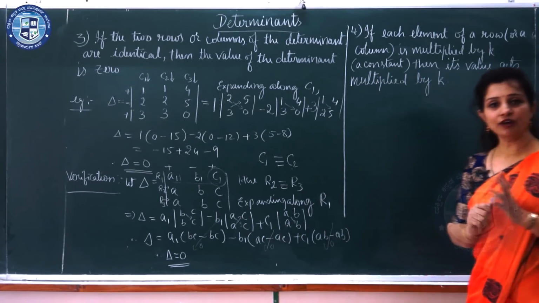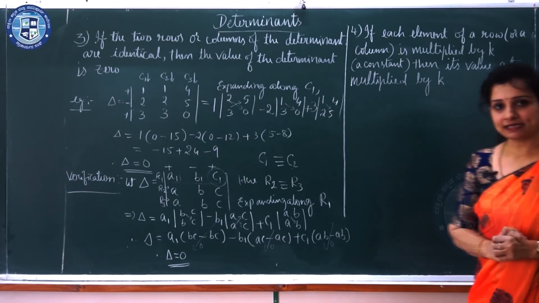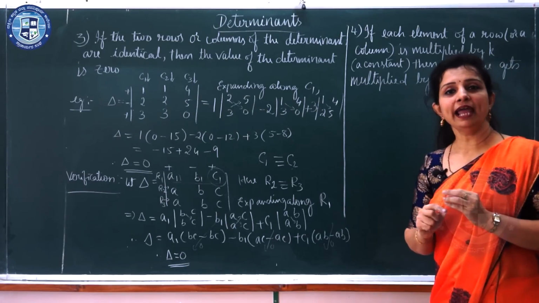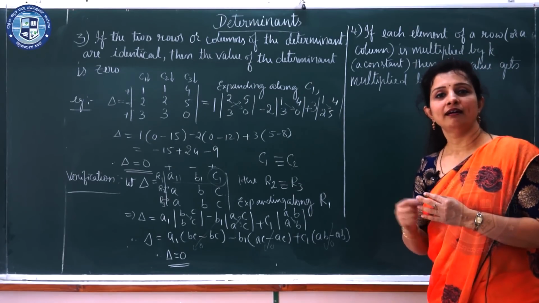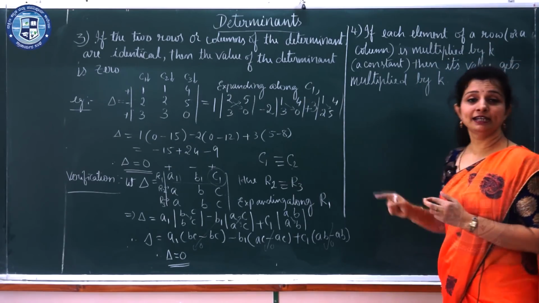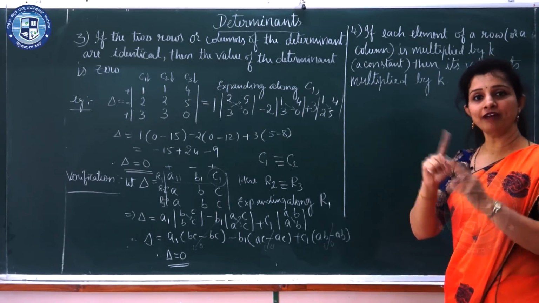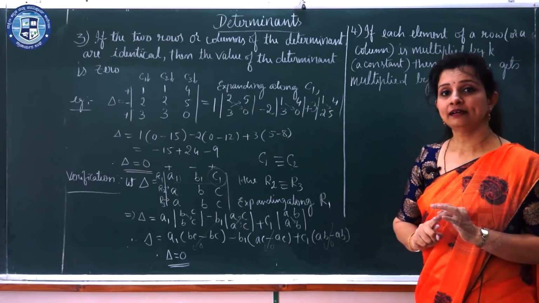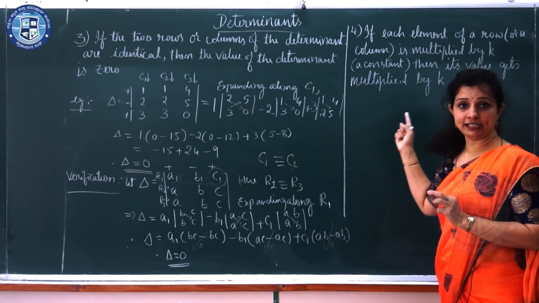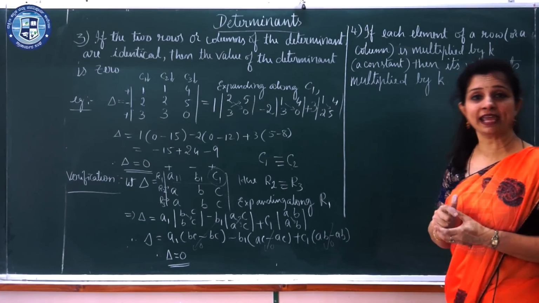Next we will go to the fourth property. The fourth property states, if any constant, we consider it as k, is multiplied to each element of any one row or any one column, then the value of the determinant is multiplied by that constant k.